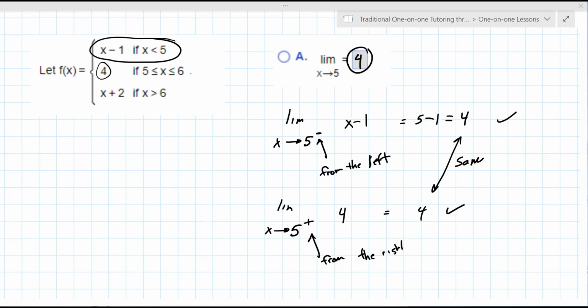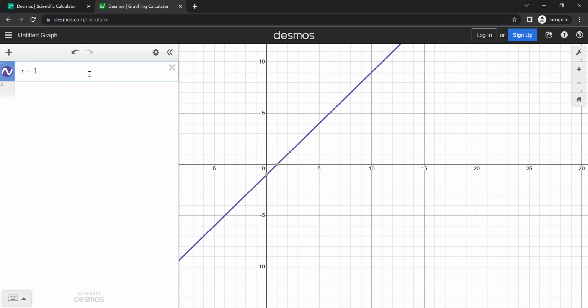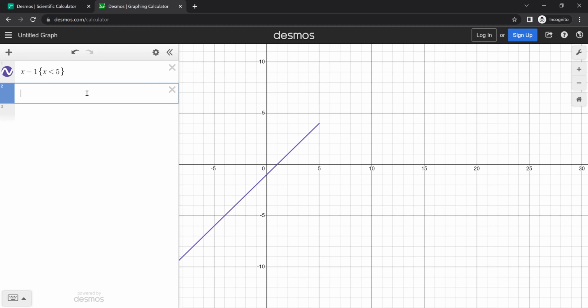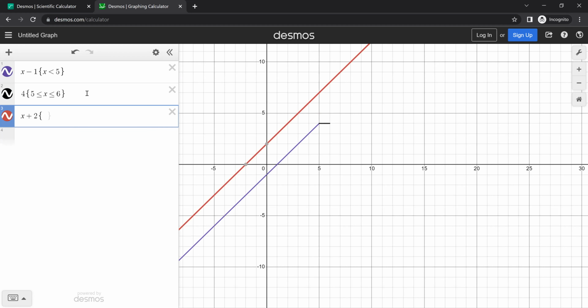And this is actually useful because you may want to graph piecewise functions. So you have to use a curly brace, and then you type in x less than 5, and then 4 is good from 5 less than or equal to x less than or equal to 6, and then x plus 2 is good for x greater than 6.